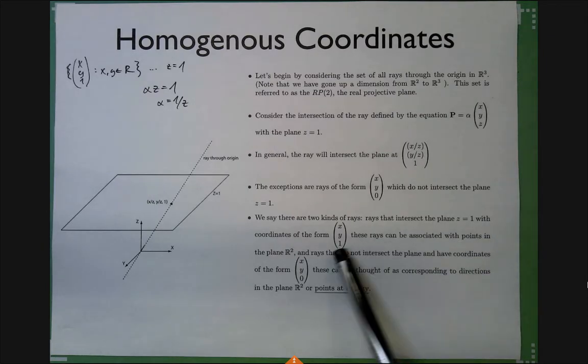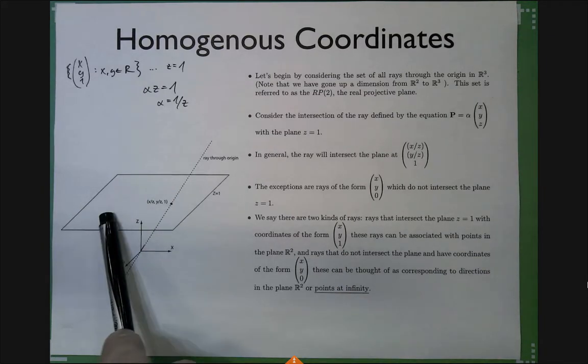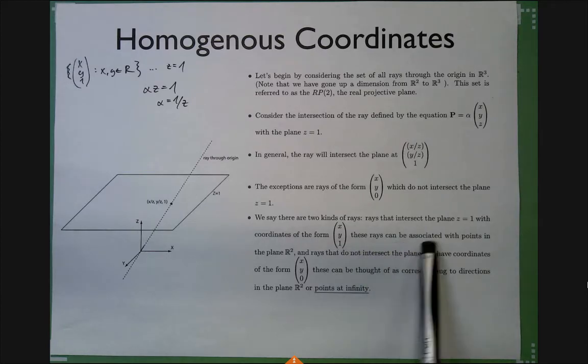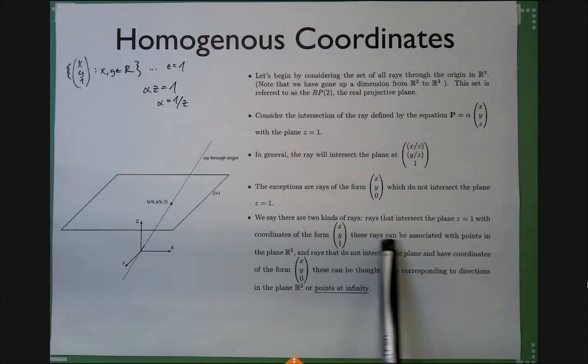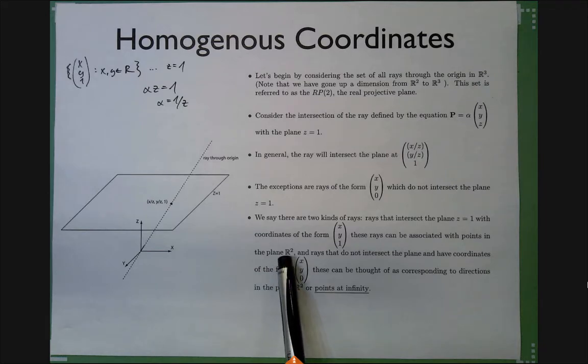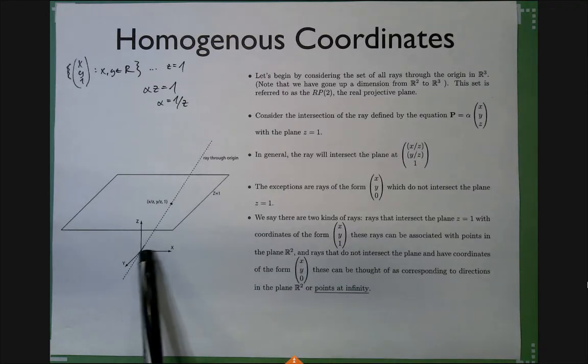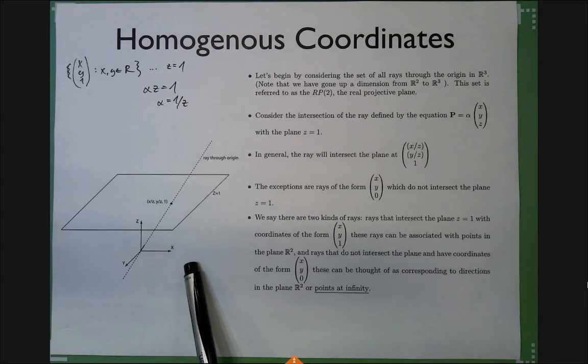So here is how the model of our affine space using this projective plane looks. If we have coordinates x, y, 1, we say that these vectors represent points in the plane R2. And the rays that don't intersect, that have coordinates x, y, 0, we can say represent points at infinity.